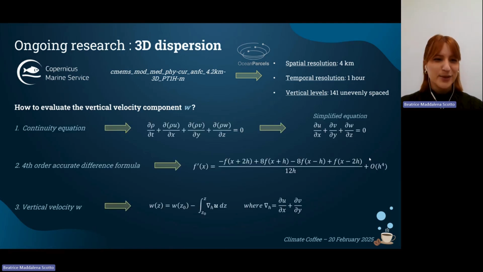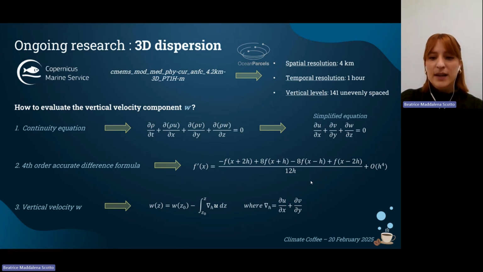And how do we do that? We have quite a few formulas here, don't worry. We have firstly to apply the continuity equation, which ensures mass conservation. And note that for this preliminary analysis, we use only the simplified equation, not taking into account the density of the water for now.